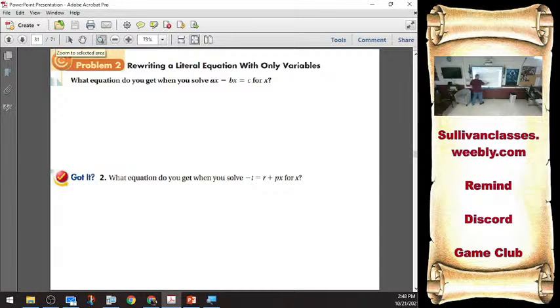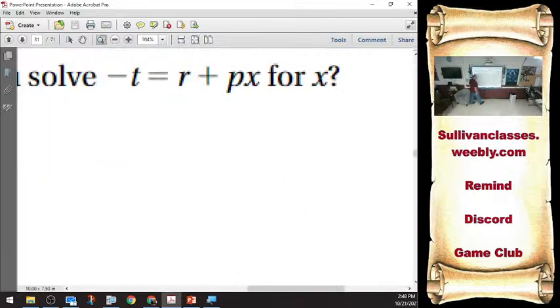All you're doing is rearranging. Can you get x by itself? Can you move around the other variables by math law? If they added a thing, you subtract a thing. If they multiplied by a thing, you divide by a thing. Can you rearrange that so that x is all by itself? This is how formulas are made.